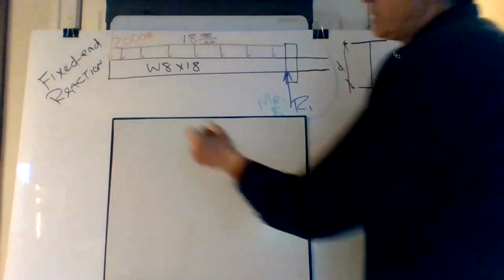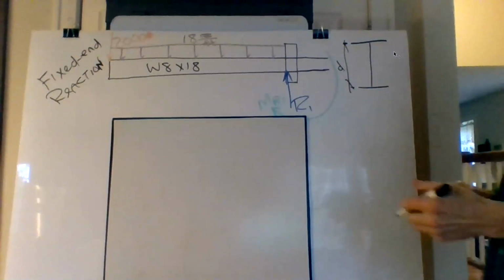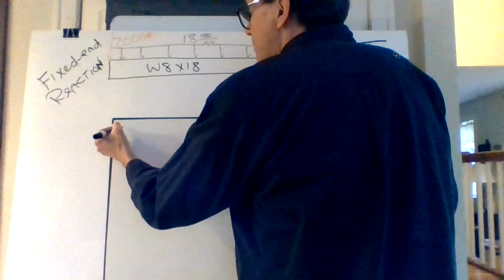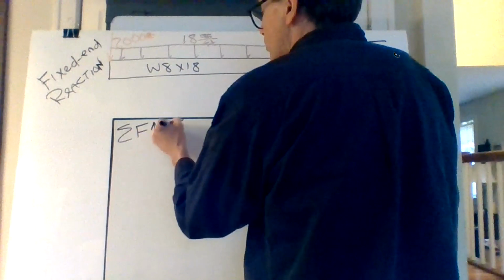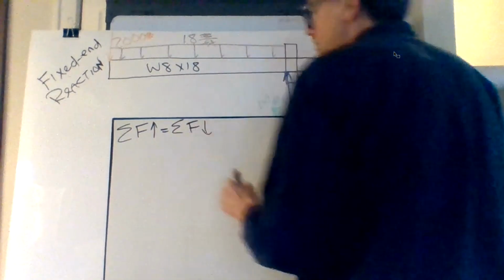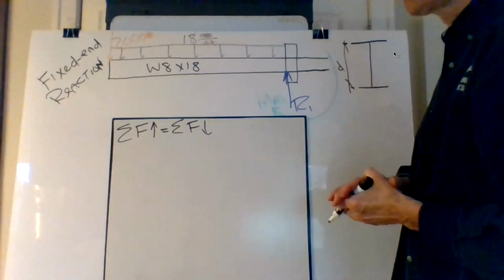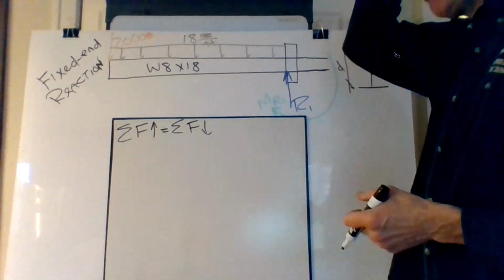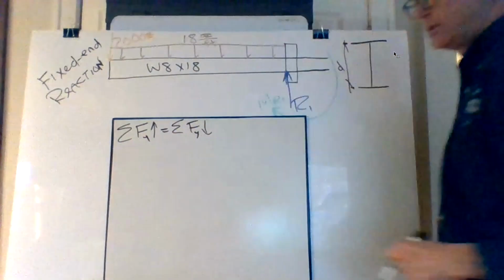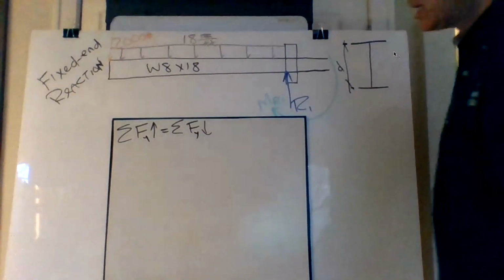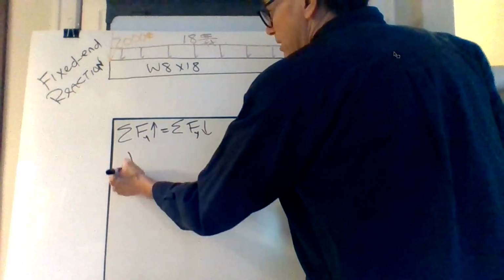A fixed end reaction, that's ancient Babylonian Sanskrit for an N. And so we're just going to say the sum of the forces up equals the sum of the forces down. These are easy to do for the reaction. What forces are acting up? What vertical forces? Sum of the forces in the Y direction. So what forces are acting up vertically? Reaction 1.